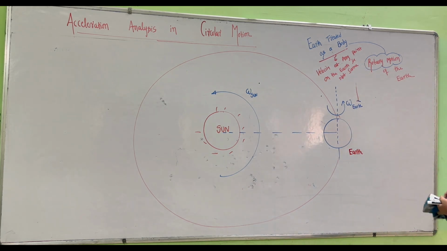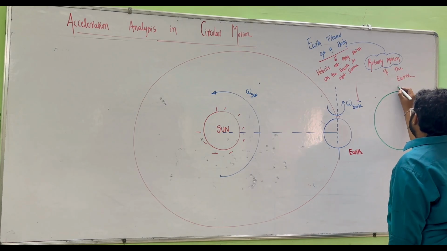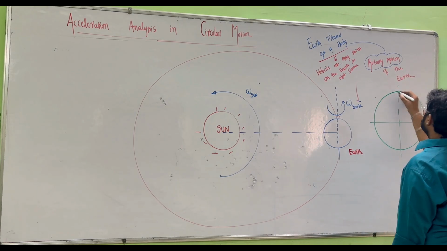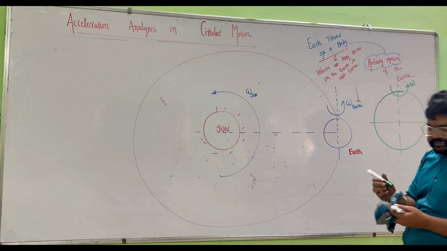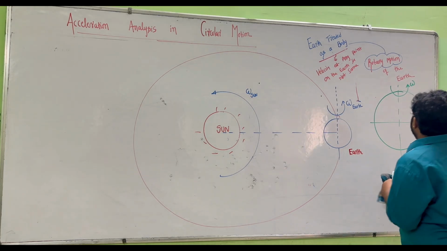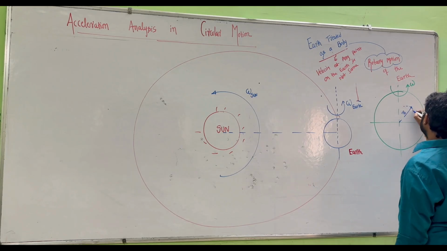Because it is rotating. Earth is rotating about itself. Okay? So it is the rotary motion. What is the velocity at this point? At R1 this is V1.